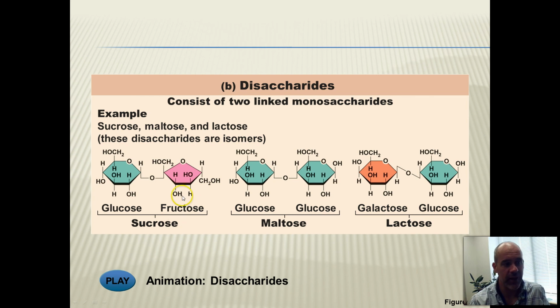Nobody really has trouble digesting sucrose, but you guys know some people are lactose intolerant. They can't digest this, which means they can't split galactose and glucose apart from each other. And so because of that, they cannot absorb these sugars. They can't use these for nutrition, and it also can cause intestinal irritation.